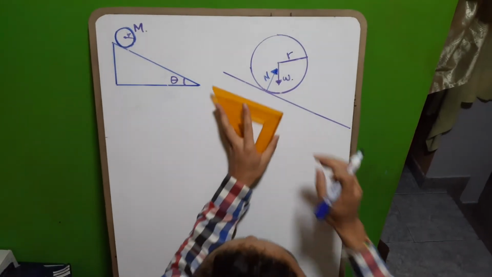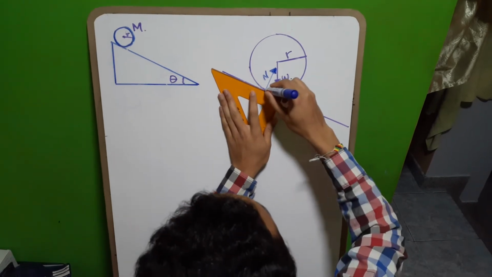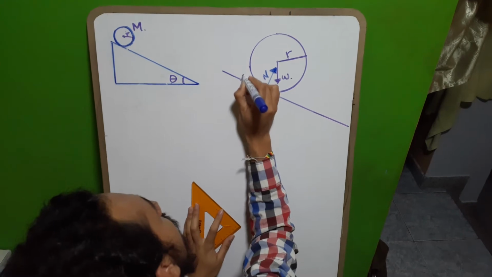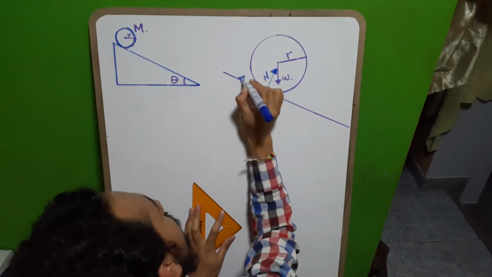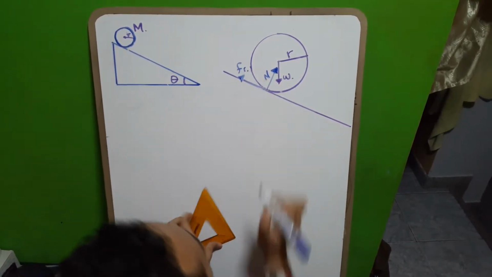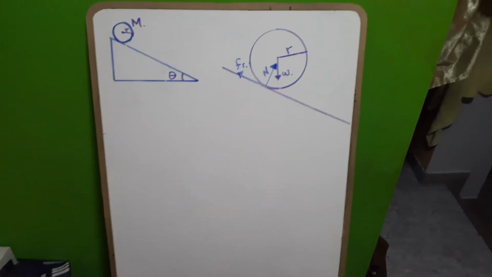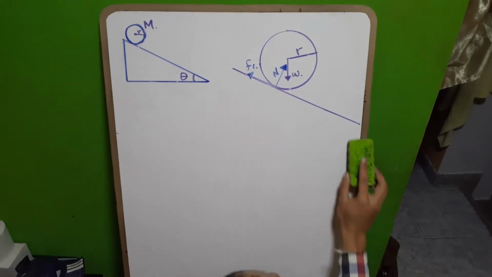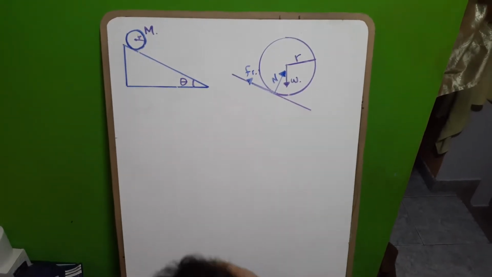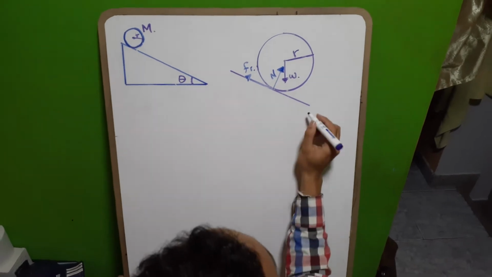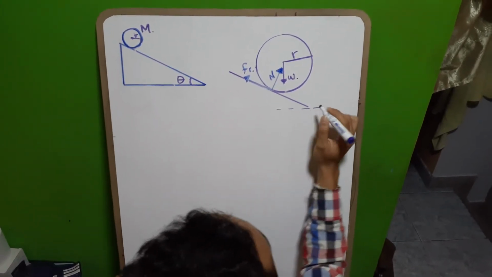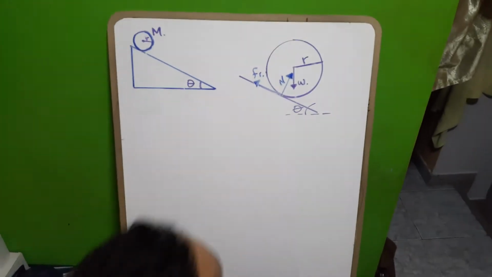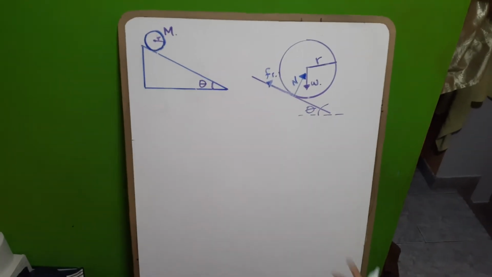And the third is the friction. This is theta. This is the force.